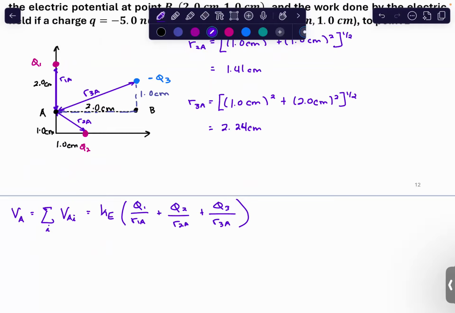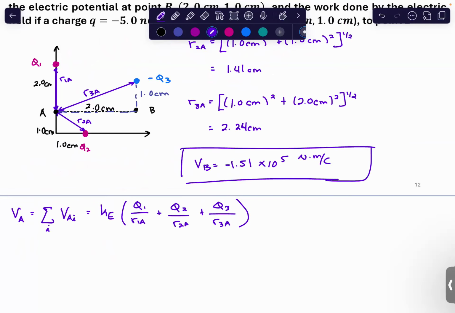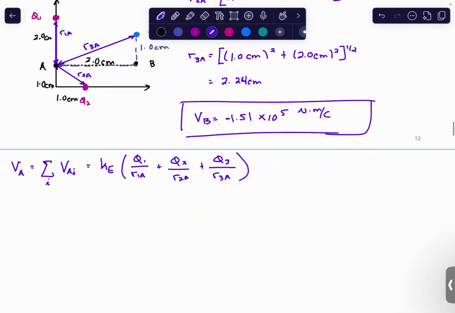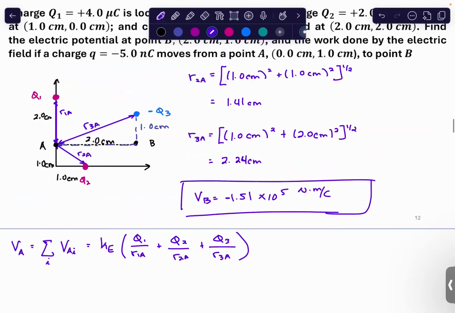Well, you already have part A from last time. So I'll just go ahead and write this down. That's what we solved last time. So now we need the potential at A so that we can get the difference between the two. Let's see, is that what we're doing? What does it say?